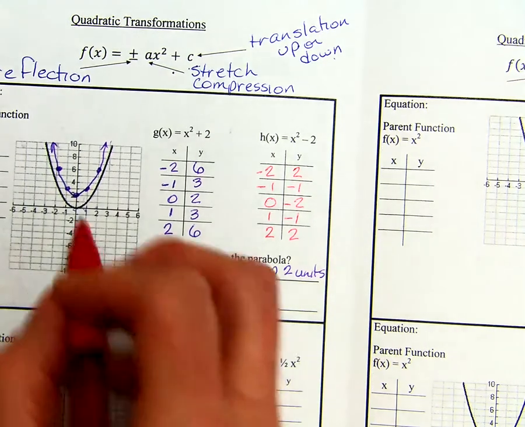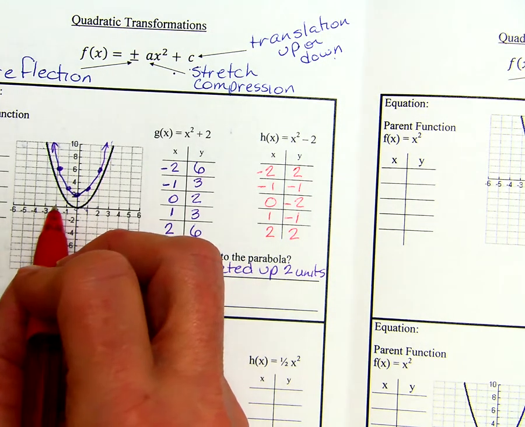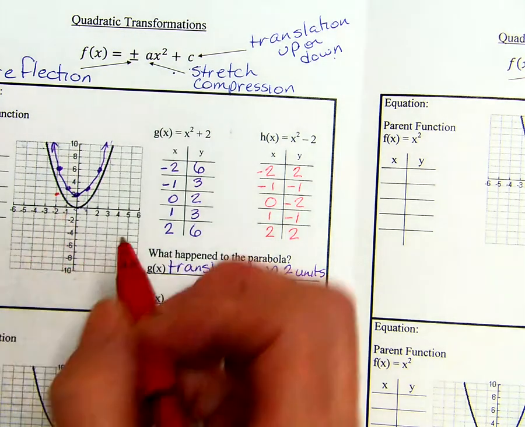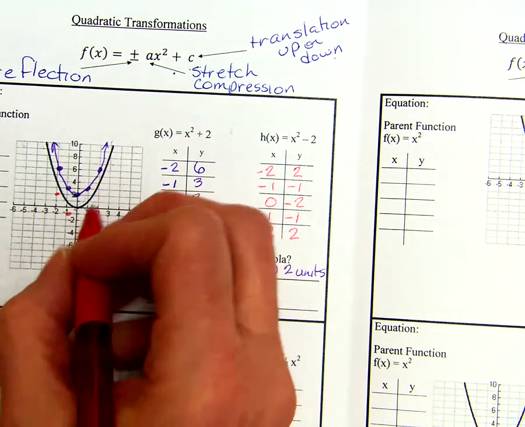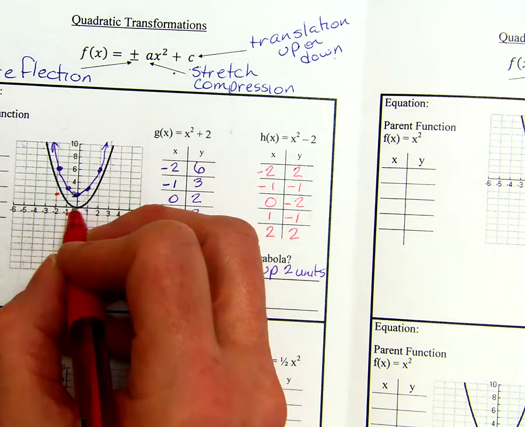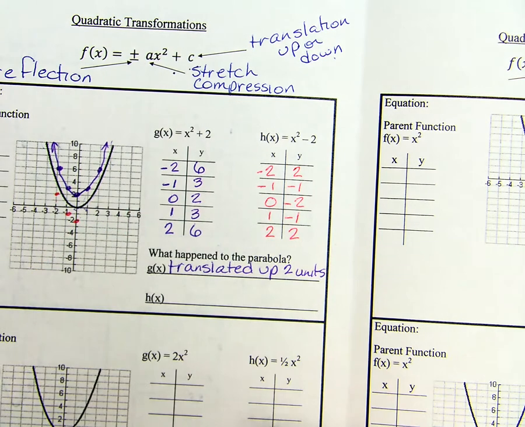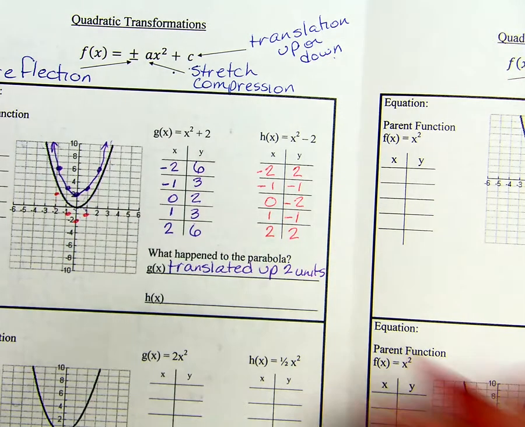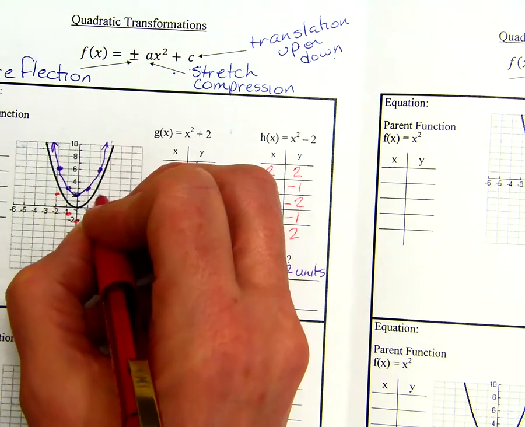So for h of x, when we go to -2, we get a +2. When we go to -1, we get a -1. When we go to 0, we get a -2 for our y. 1 gives us a -1, and +2 gives us a +2.